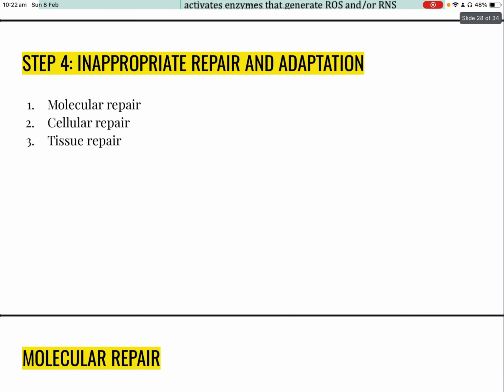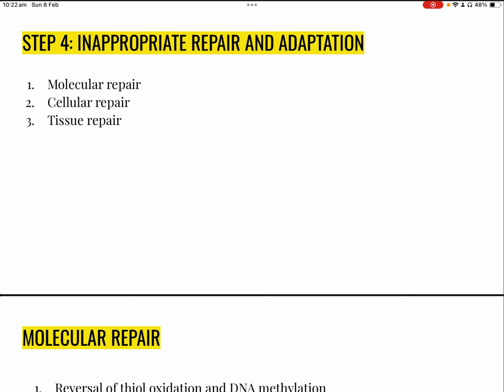Okay, we are now in step 4. That is the inappropriate repair and adaptation. Biological systems possess mechanisms to repair damaged molecules and cells. We have here the molecular repair, cellular repair, and disrepair.